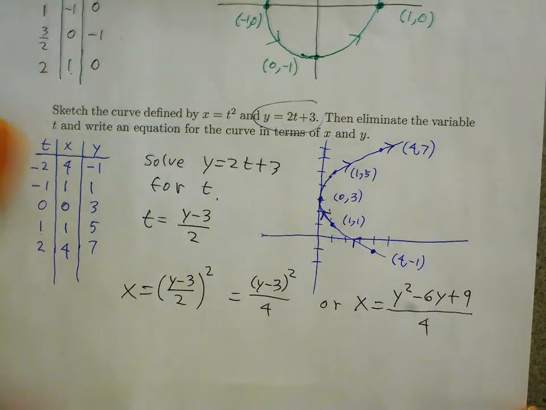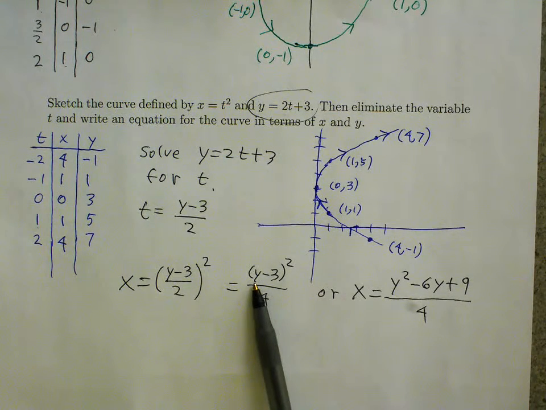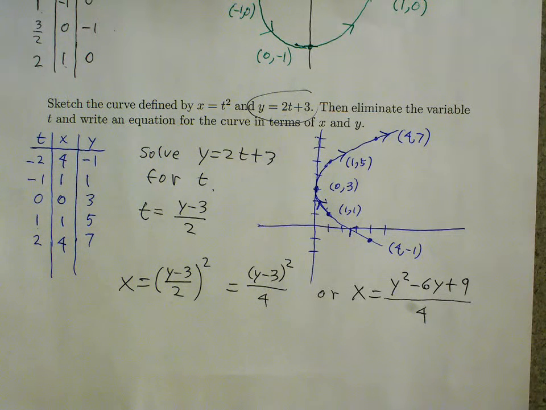So yeah, x is a quadratic function of y. It looks like the curve is actually pretty accurate. When y is 3, the x-coordinate is 0, and that's the vertex.